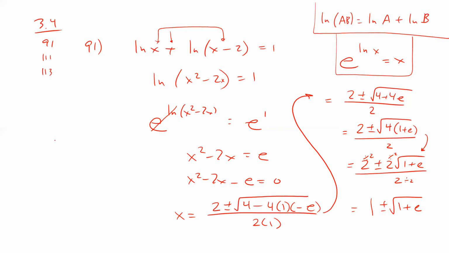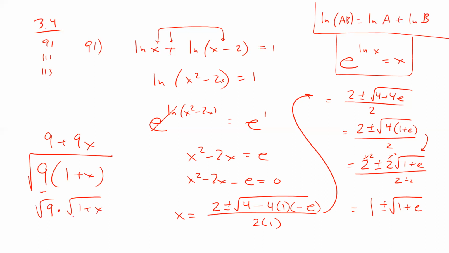Oh, sure. Yeah. So let's go for it here. Whenever you have factoring of numbers, let's say it's 9 plus 9x. If you factor out the 9, you're just left with this right here, because now you've got multipliers. And if I were to make this into a square root, it's the square root of 9 multiplying the square root of 1 plus x. That's where the first 2 comes from.